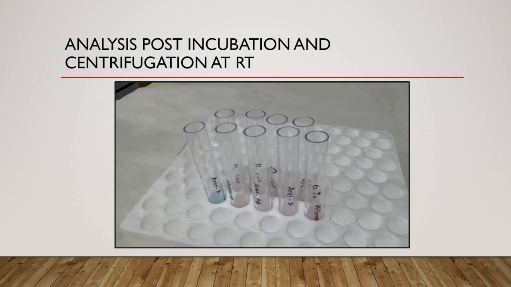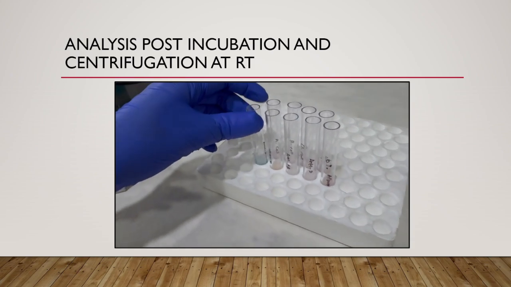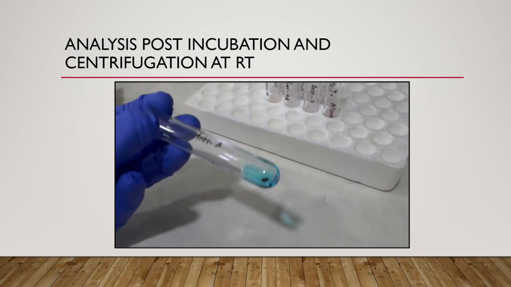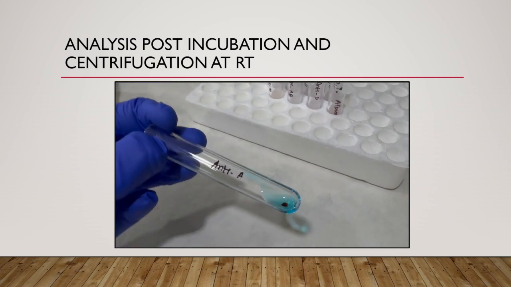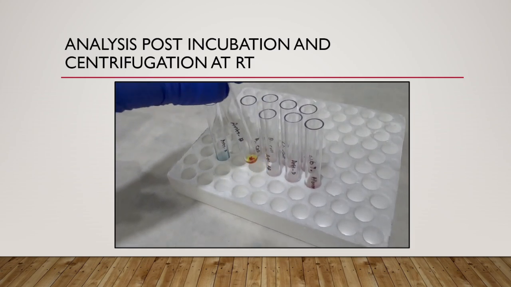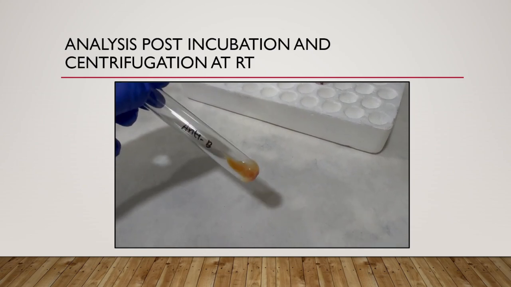Now coming to analysis after incubation at room temperature followed by centrifugation. First we will be seeing the tubes of forward grouping. In anti-A we can see that there is a strong 4 plus agglutination reaction. In anti-B, while gently shaking the tube, we can see there is no agglutination reaction.